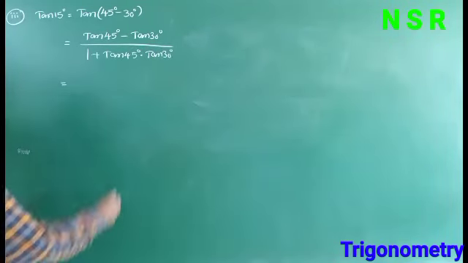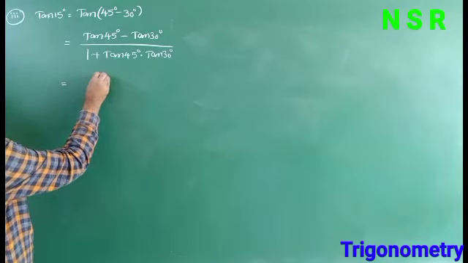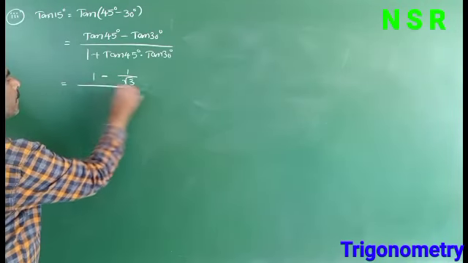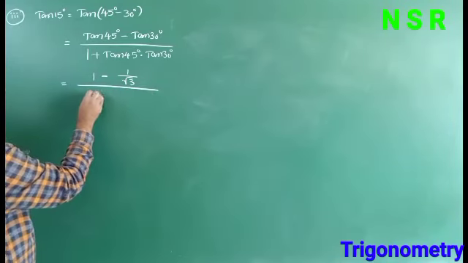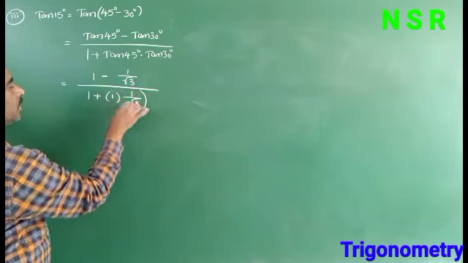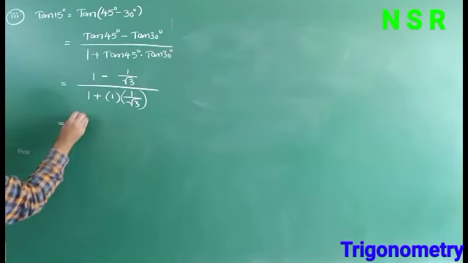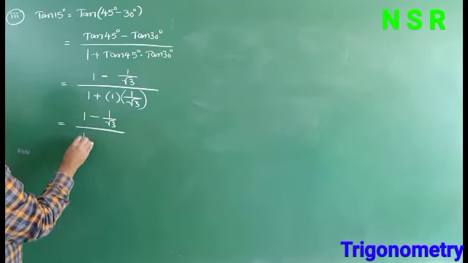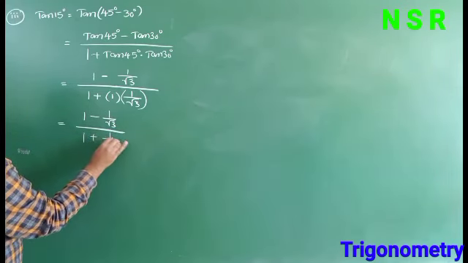So apply here the tan 45 value 1 minus the tan 30 value 1 by root 3, by 1 plus 1 into 1 by root 3. So here we get 1 minus 1 by root 3 by 1 plus 1 by root 3.